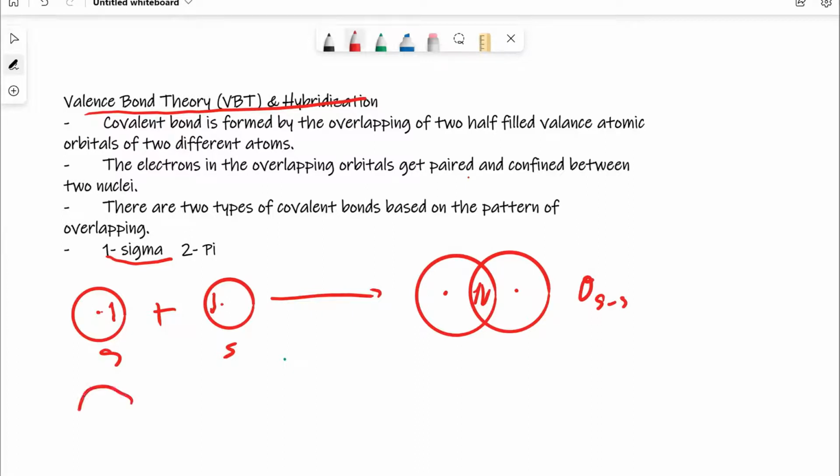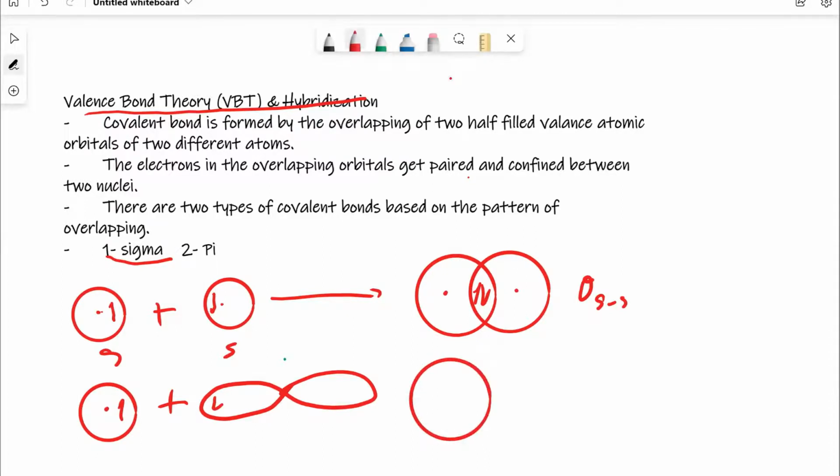Now, we could have s and p. For s and p, you will have something like that. I'm just giving you different examples so you can see. These electrons get paired here. This would be sigma, s and p.